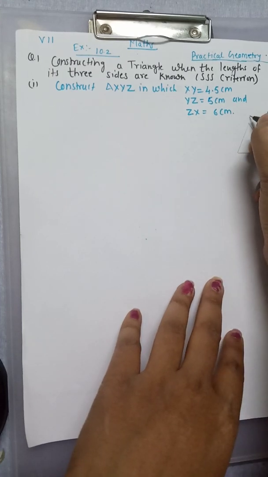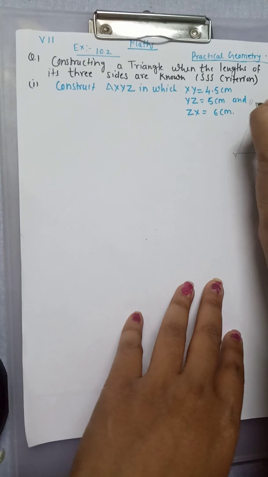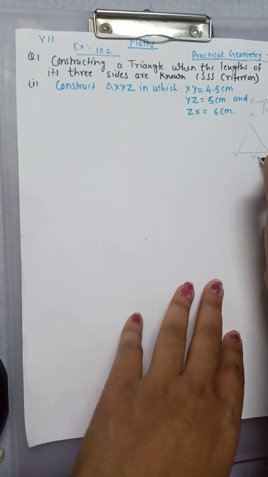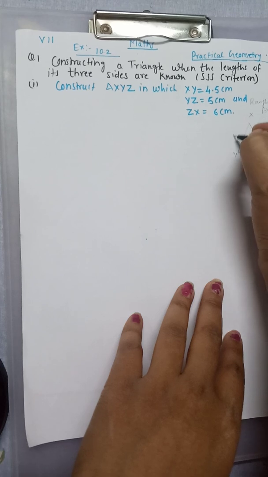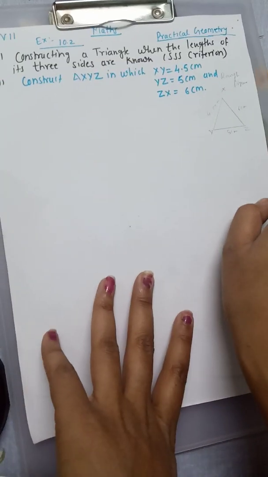Here we can give the names X, Y, Z. This is the rough figure to explain how you have to construct. YZ we take as 5 centimeter, then XY 4.5 centimeter, and ZX 6 centimeter. So this is your rough figure.